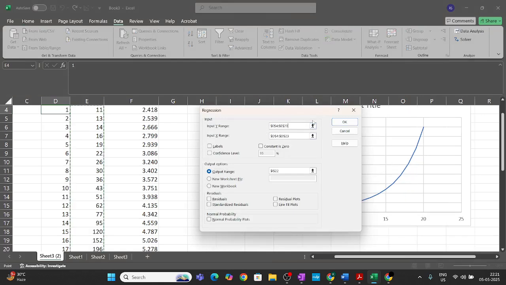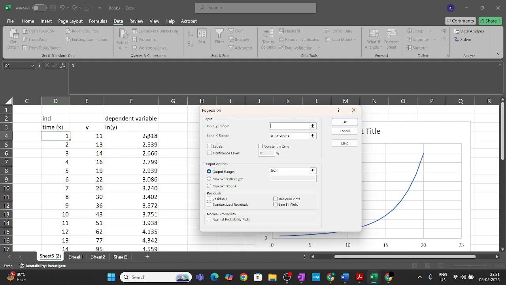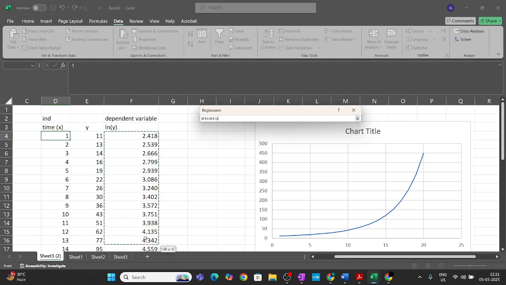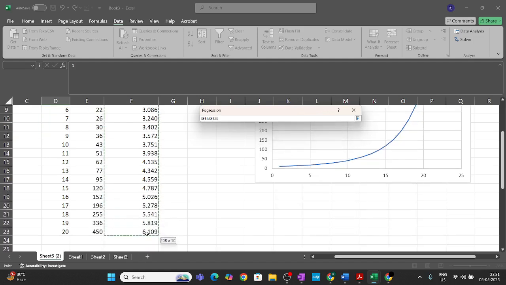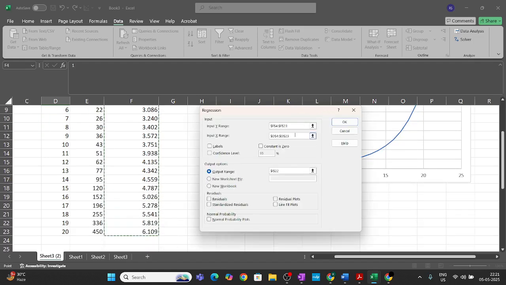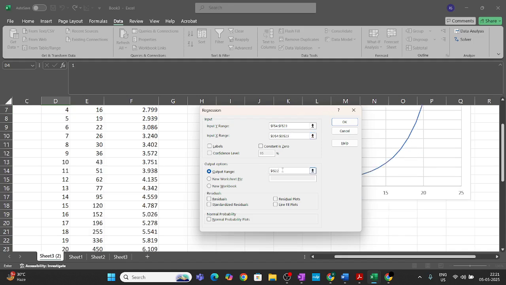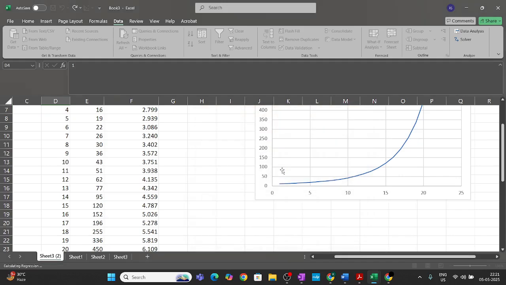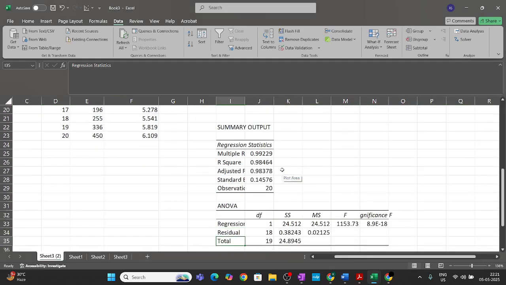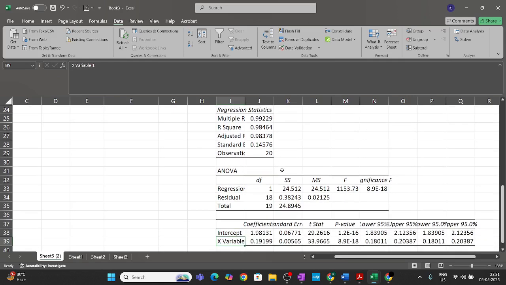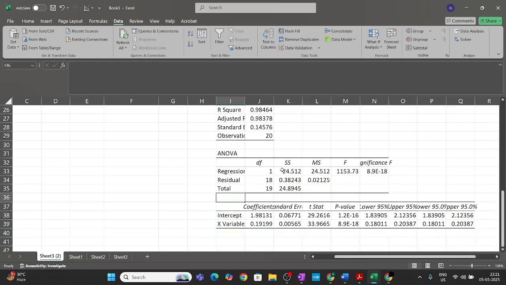Again, x range तो मेरा ठीक ही है, y range को change. Okay, and output range को okay. ये मेरा regression आ गया, ठीक है. 1.98.